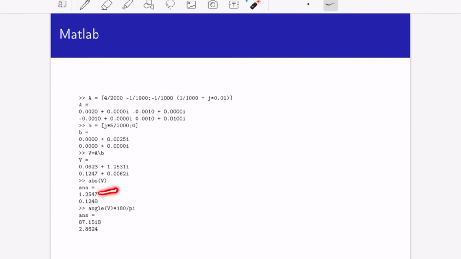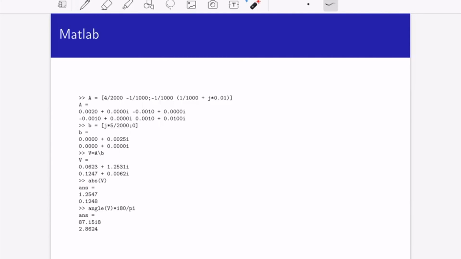So the first one is V and the second one's V out. So we cared about 0.1248. To get the angle of the output, we do angle of V. That gives me the angle in radians, so to convert it to degrees, we multiply by 180 over pi. And that gives me the angle. Remember, the first one is for V, the second one's for V out. The second one is the one we care to solve for.